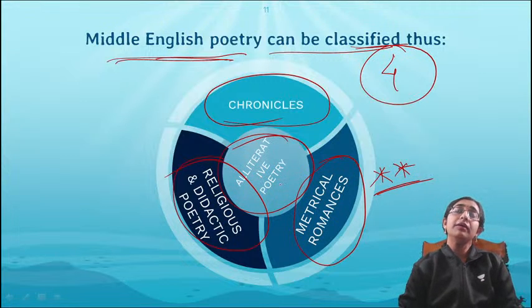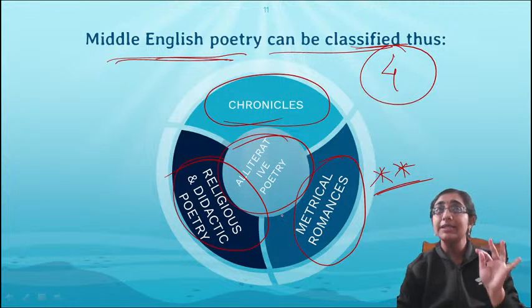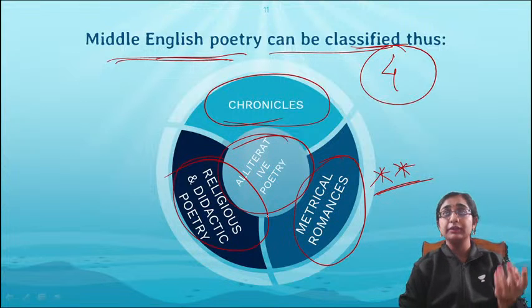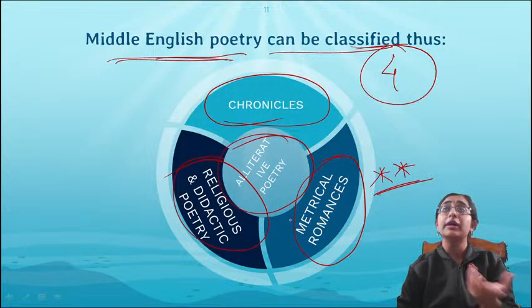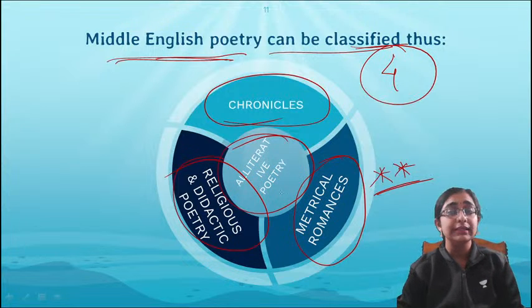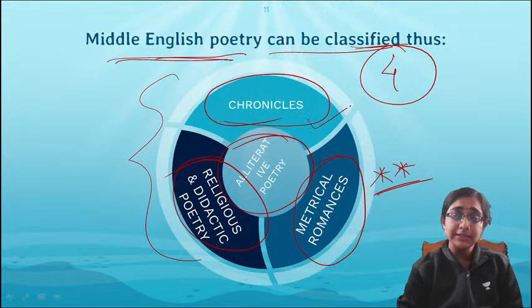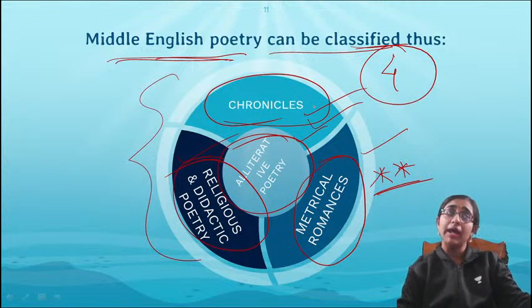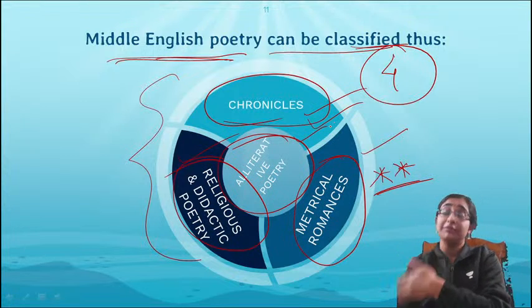As you have seen, in the Anglo-Saxon age some specific genres were developed, for example Bible translations, sermons, hagiography, and heroic poetry. I have already discussed them. Like that, in the Middle English period also these genres came into being. Chronicles were also there in the Anglo-Saxon age, but in this time the genre was more developed.